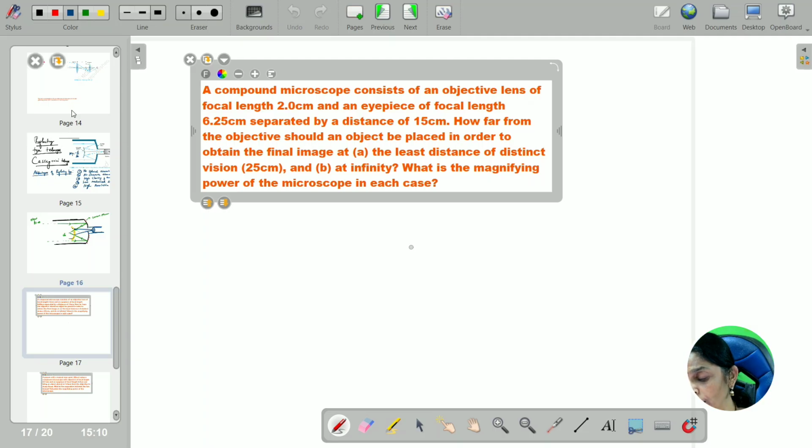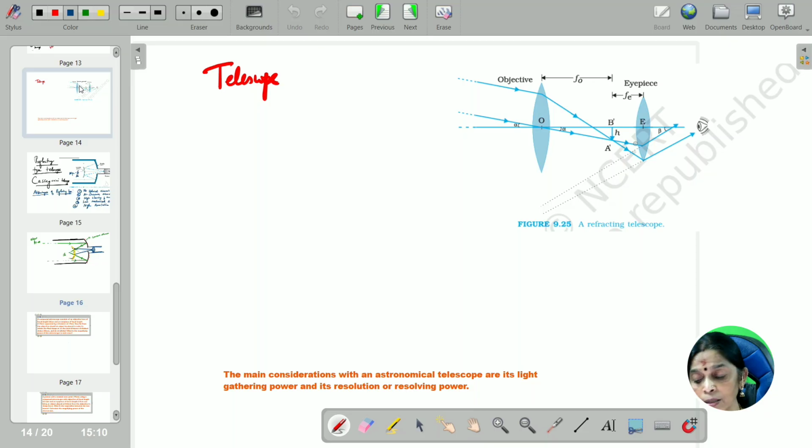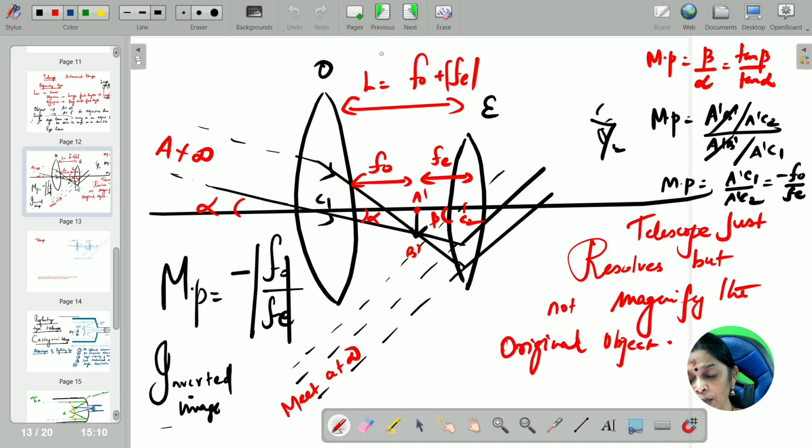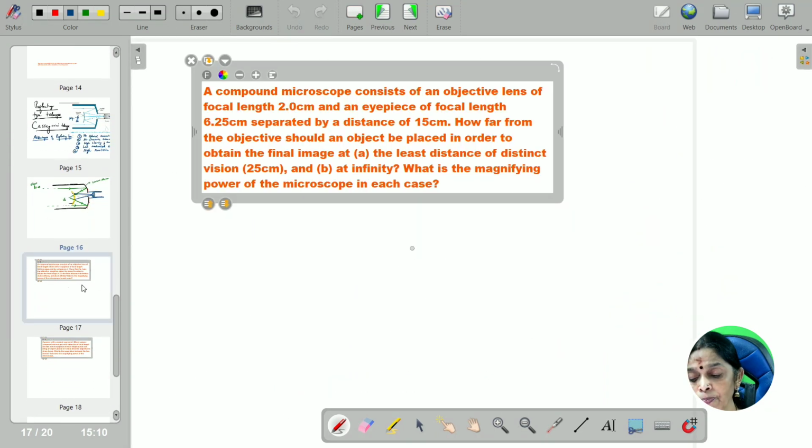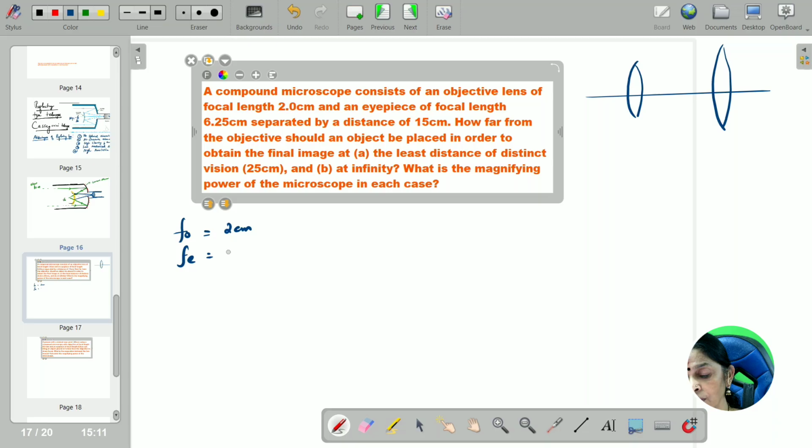Roughly let me draw: this is the objective lens, this is the eyepiece lens. Objective focal length FO is equal to 2 centimeter, and eyepiece focal length is 6.25 centimeter.